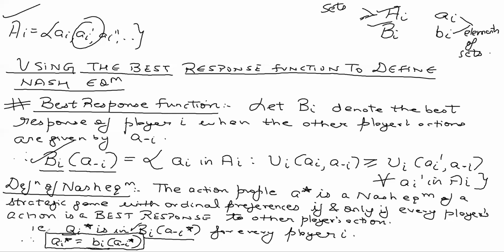A_i star, which is the equilibrium action of player i, should be the best response to all other players' equilibrium actions. That means when all the other players are playing the equilibrium profile, then player i should also play the equilibrium profile.